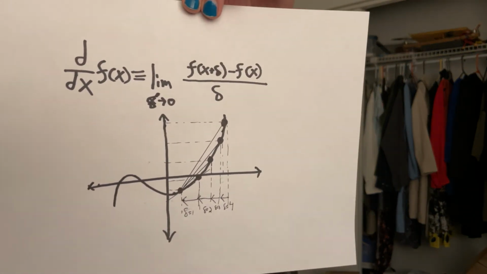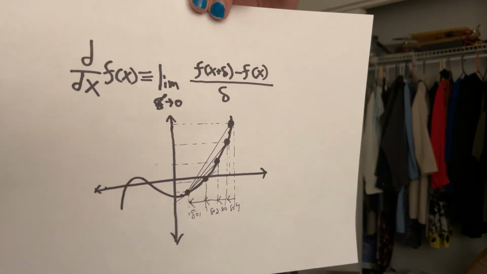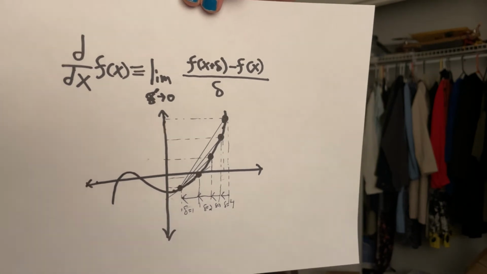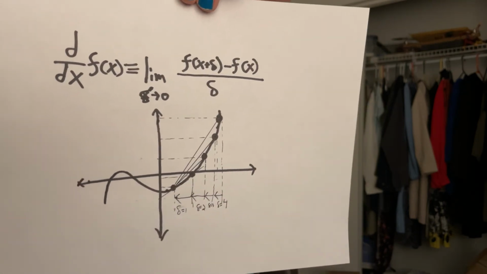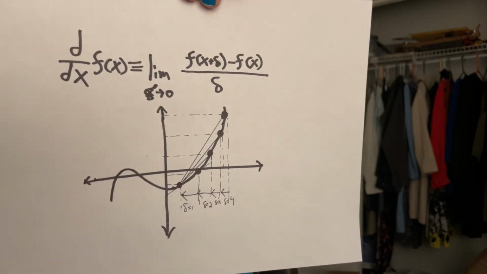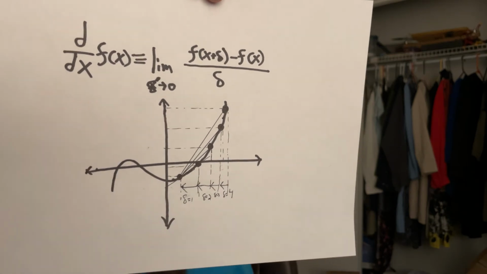So the derivative is defined as the limit, as this quantity called delta goes to 0, of f of x plus delta minus f of x, divided by delta. So what is that? That is exactly what it sounds like.